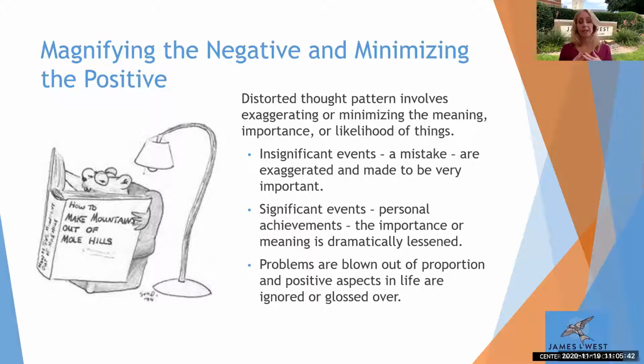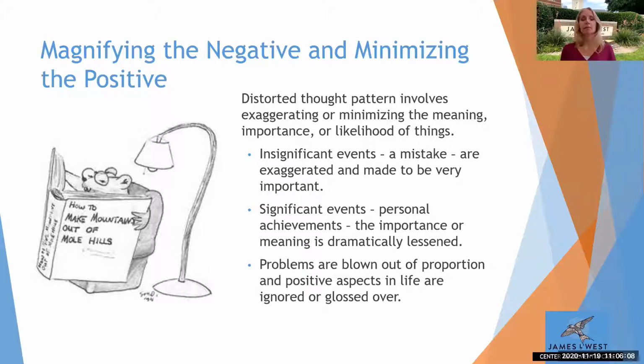It can also take significant events, personal achievements, or things that went really well, and lessen their meaning or importance. Problems get blown out of proportion, and the positive aspects in our lives can be easily ignored or glossed over. I think we can all identify with doing this.